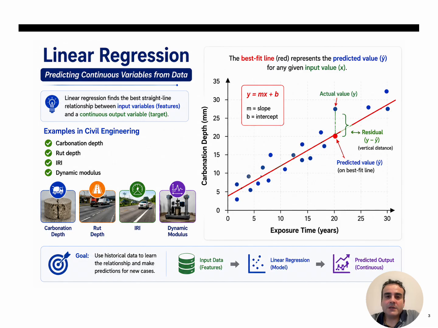For any new input value, we can use this line to estimate the expected output. In civil engineering, this type of approach can be used for any continuous variables such as carbonation depths, rut depths, international roughness index, dynamic modulus, compressive strength of concrete mixtures, or splitting tensile strength, and so on and so forth.